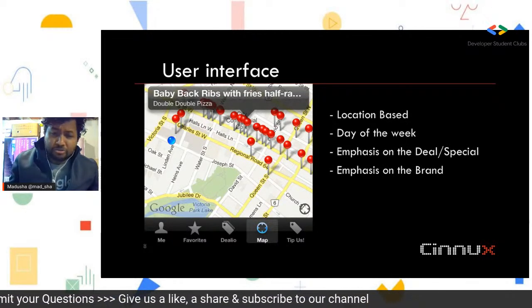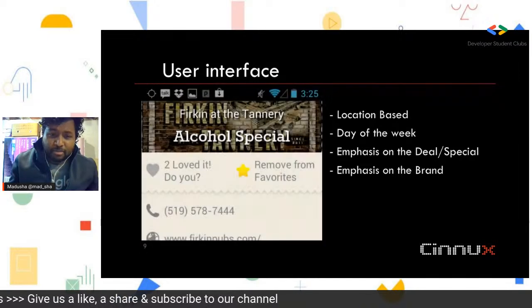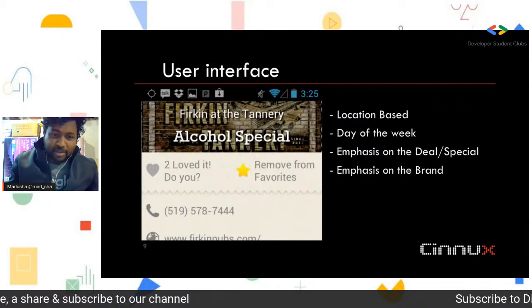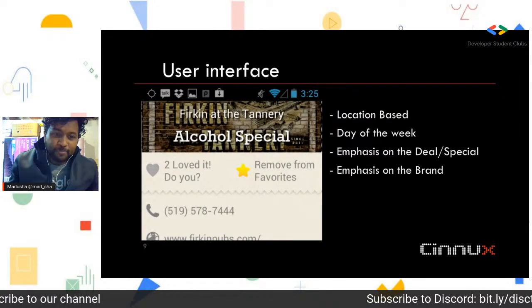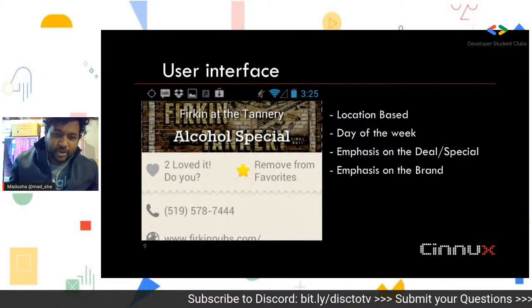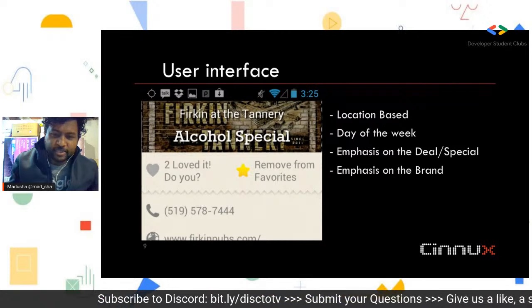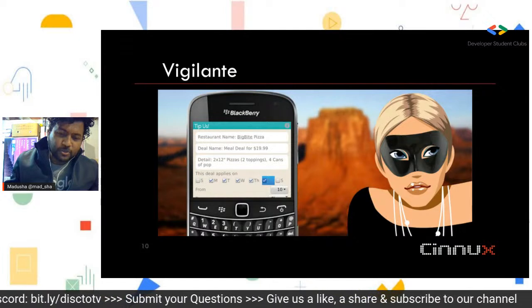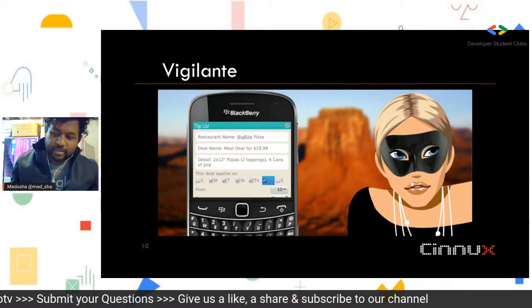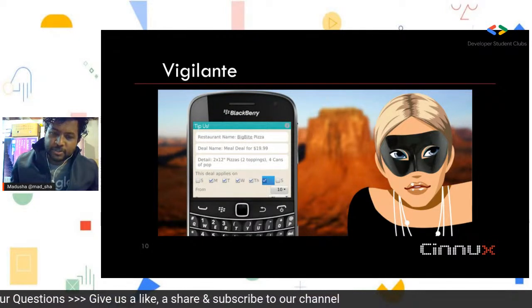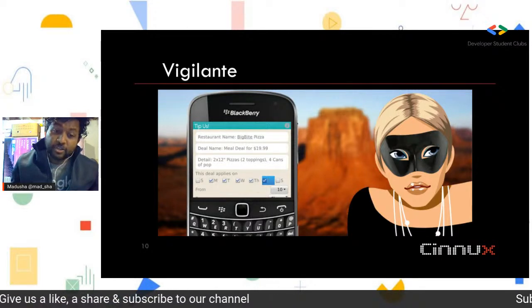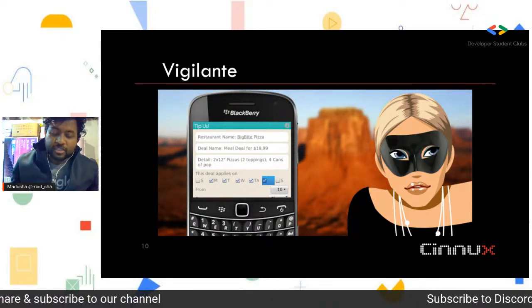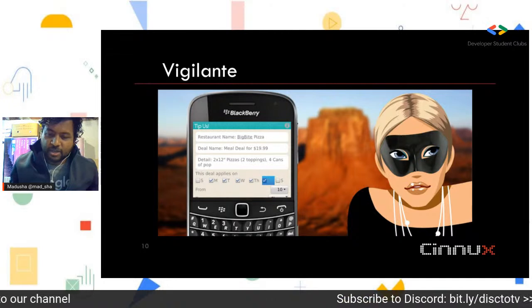User experience, blah, blah, blah. This is how it would look once you go into an individual business, how the information would be presented. If the business owner can't enter a deal into the system, you can be a vigilante and do it on their behalf. It's gamified, so you get some discounts on top of that.